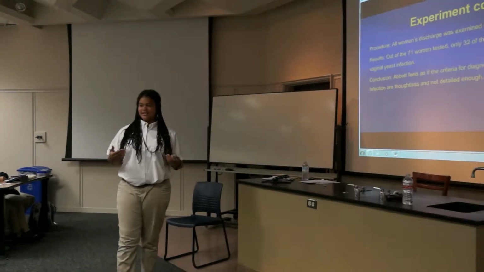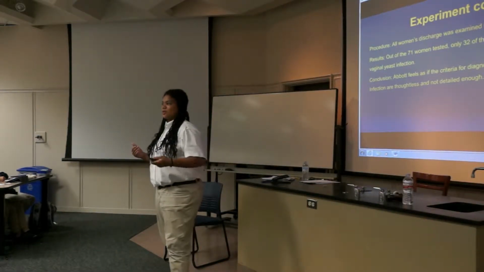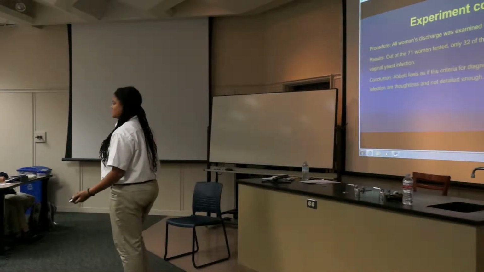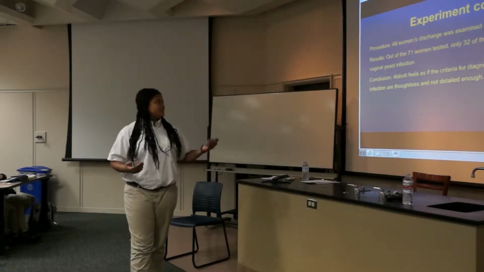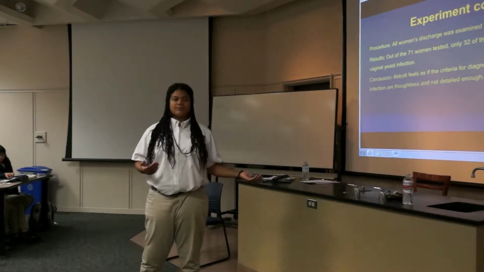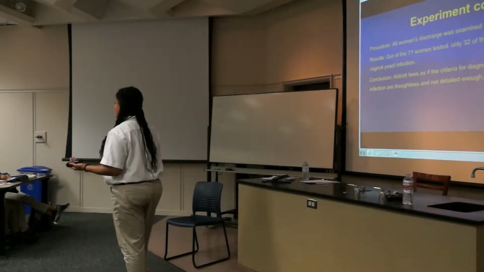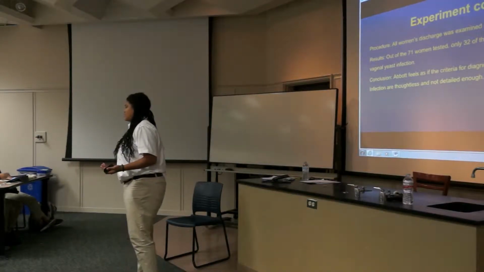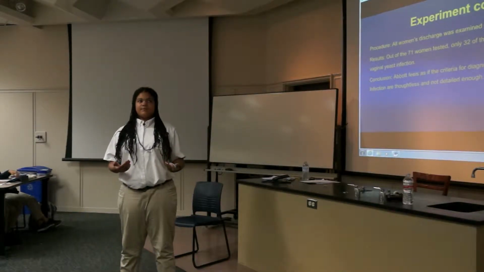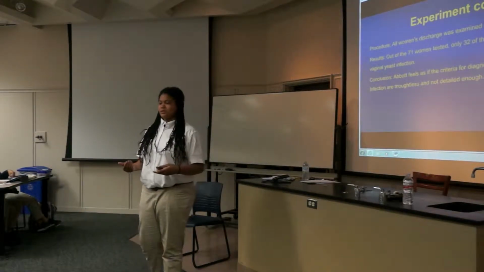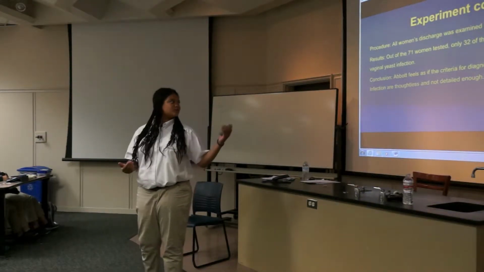Shockingly, out of all 71 women who were diagnosed positive for a vaginal yeast infection, only 32 of them actually had a yeast infection. This means that about 55% of them were misdiagnosed, leading Abbott to feel that the criteria for diagnosing a vaginal yeast infection are thoughtless. She also feels that if the clinic did follow-ups and checkups on the women, they could have found out what was actually wrong with the others who were misdiagnosed.